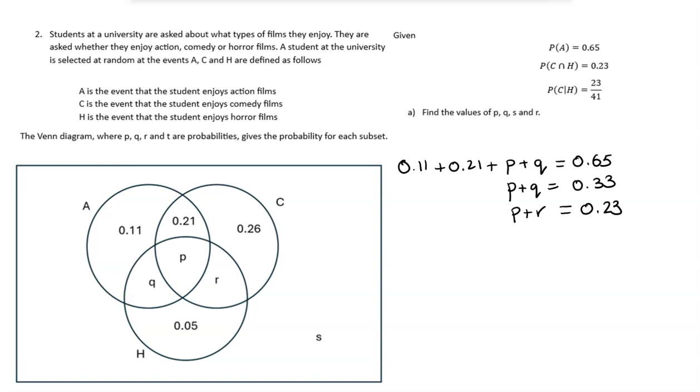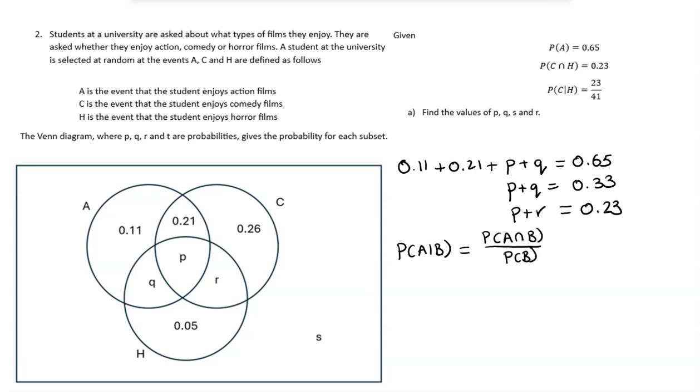So we're going to need to use the third piece of information, and that's that the probability of C given H is 23 over 41. Now I'll remind you again of the formula for conditional probability. This is a rearranged version of what is in your formula book.